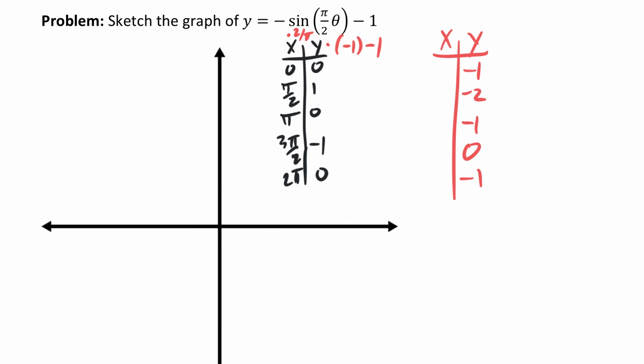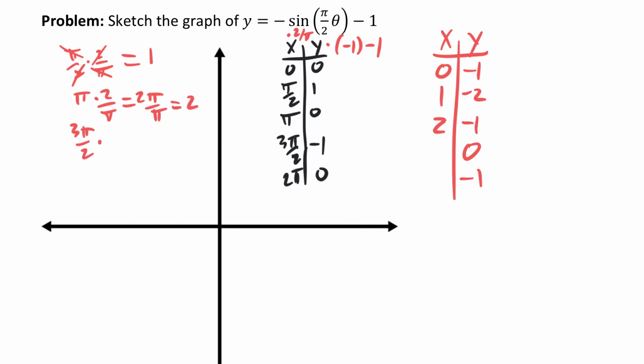Now the x ones. 0 times 2 over pi is just 0. But pi over 2 times 2 over pi, well, those cancel and those cancel, so you just get 1. That's kind of weird. Pi times 2 over pi is 2 pi over pi, which is 2. 3 pi over 2 times 2 over pi.